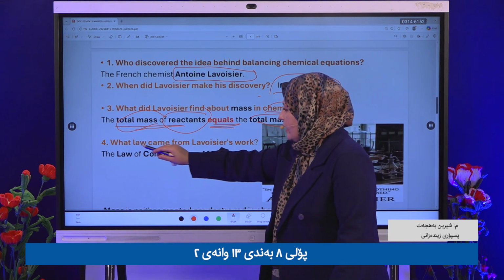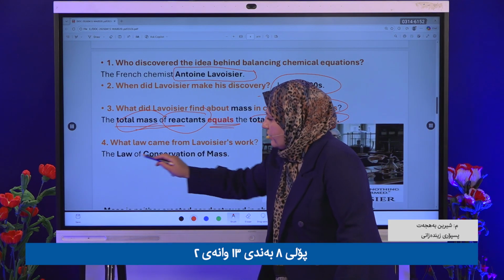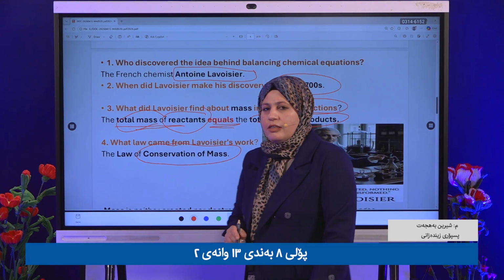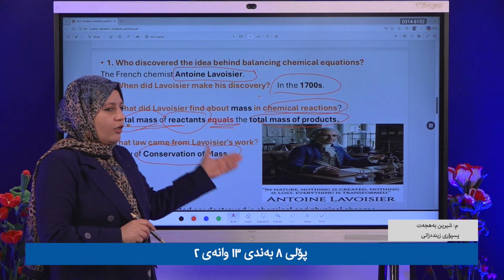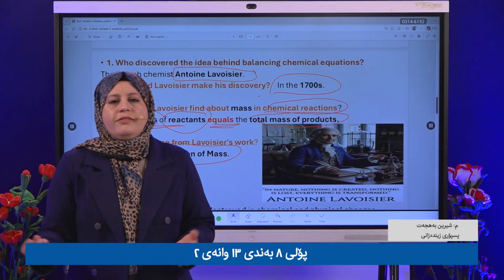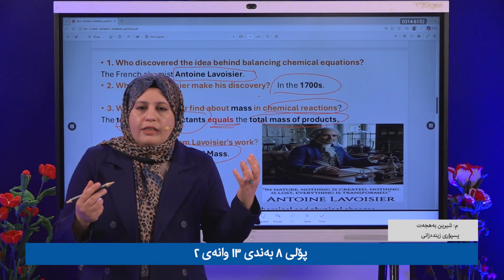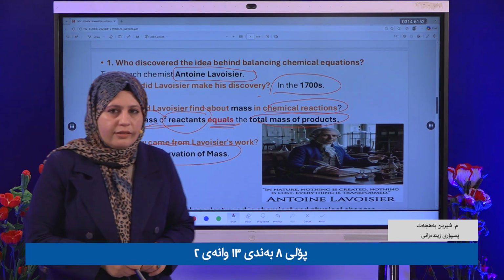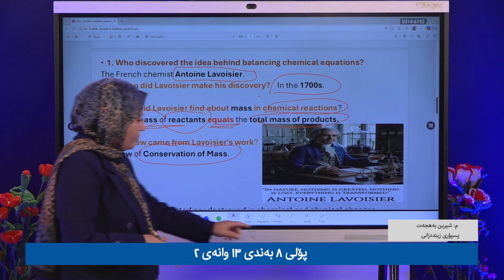What law comes from Lavoisier's work? The law of conservation of mass, which means saving atoms: the number of atoms in the products and reactants is equal. Clear? This is called conservation of mass.